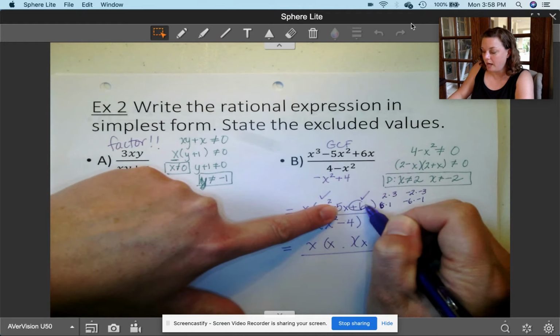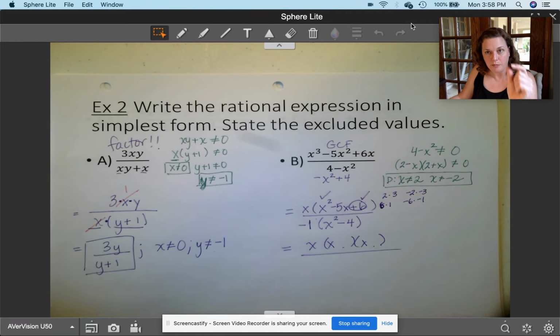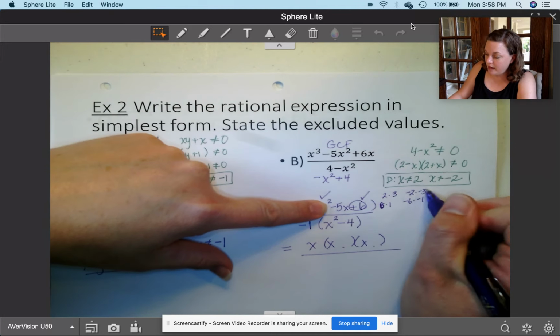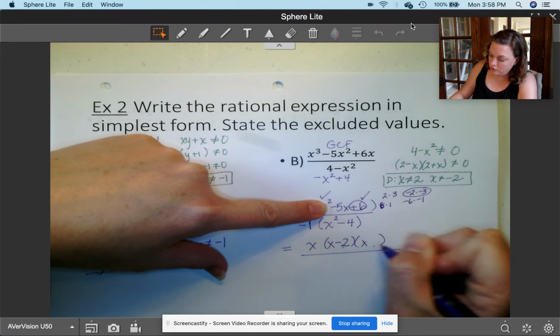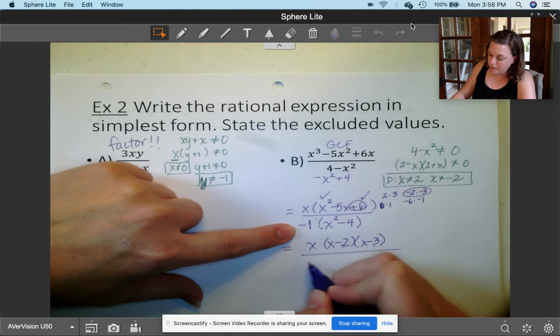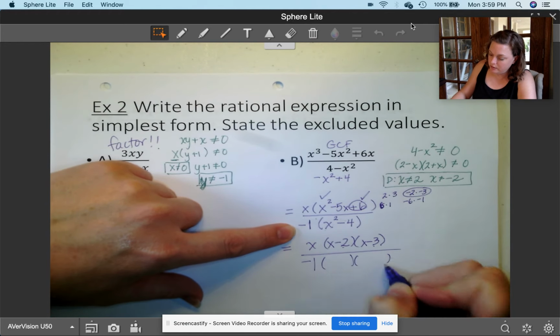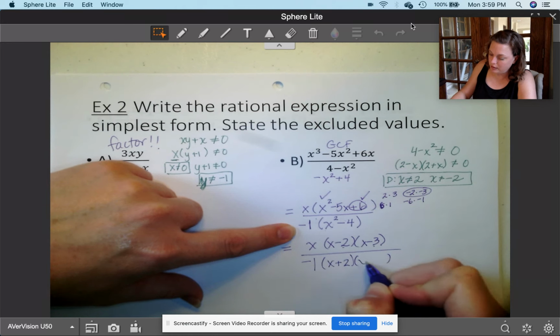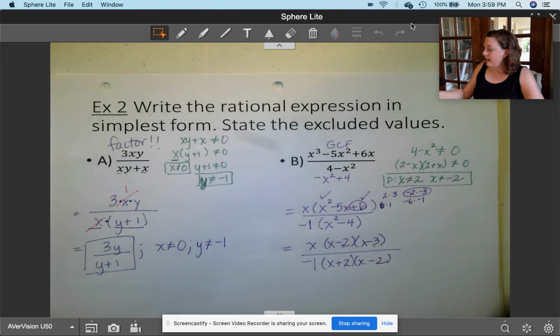We want a positive 6. The signs must match. So in order to get the negative 5, we would go with a negative 2 and a negative 3. And then this denominator is difference of squares, so it becomes x plus 2 and x minus 2. And now you'll see that we have some common factors.